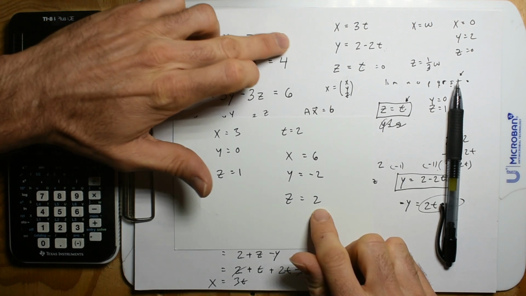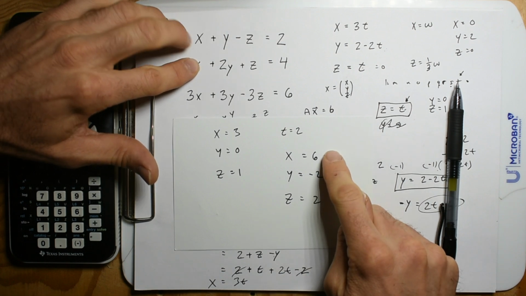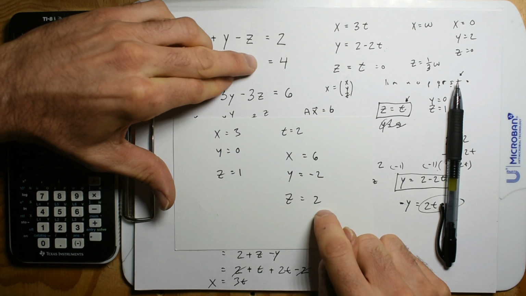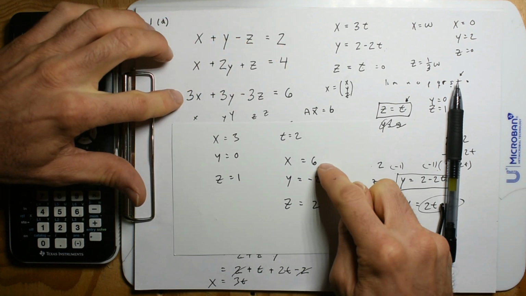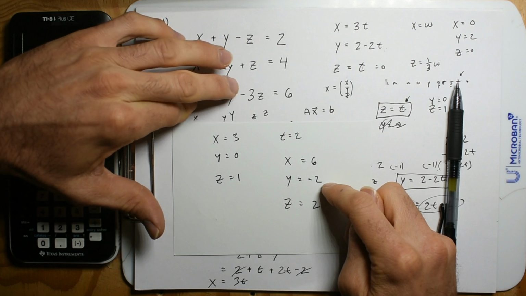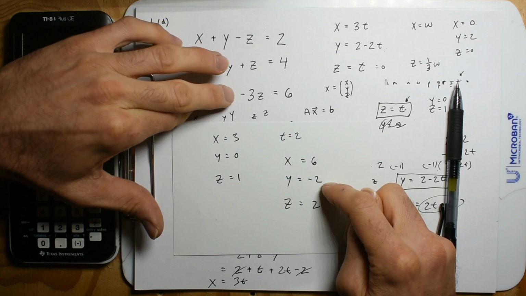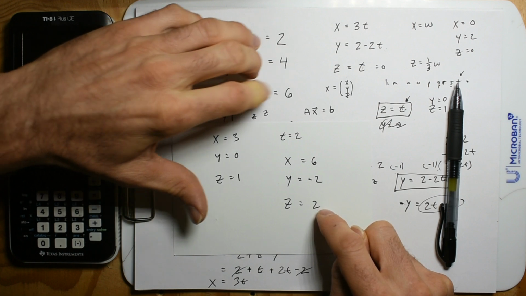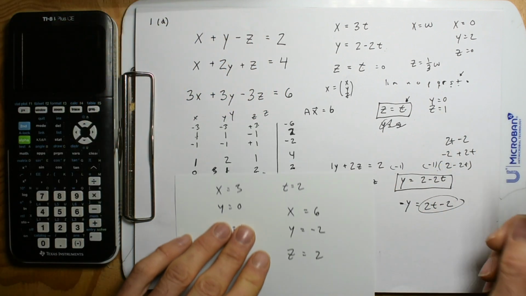Minus 2 is 2. We're going to have 6, and this is going to be minus 4. So it's going to be 2. Plus 2 is 4. We're going to have 18 minus 6. So that's going to be 12. Minus 6. That's going to be 6. Alright, so things check out.